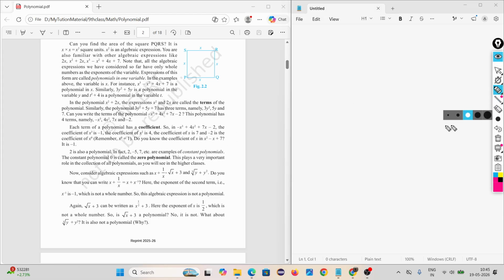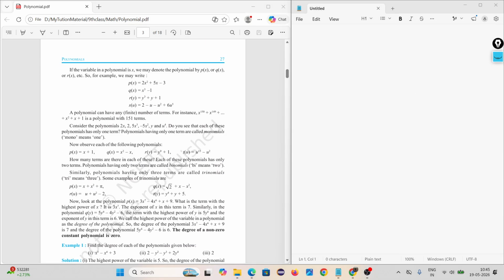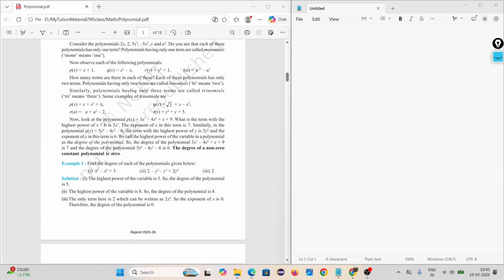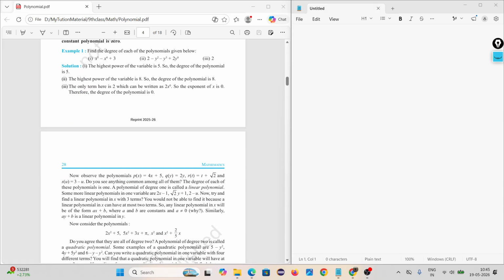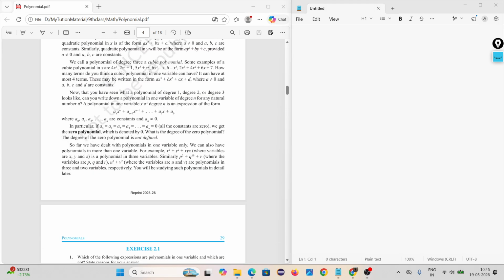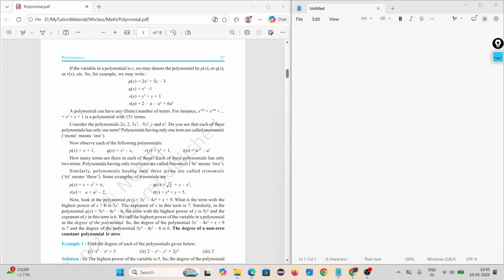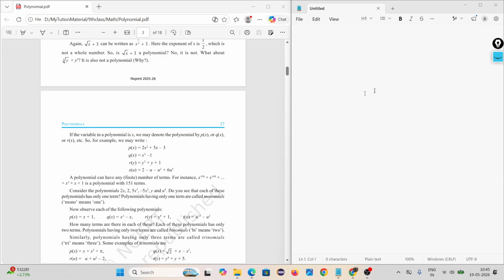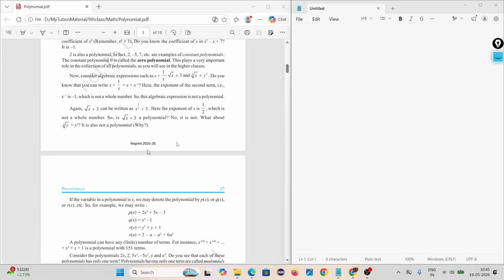Wait, we will learn types later. First we will learn one term that is called the degree.